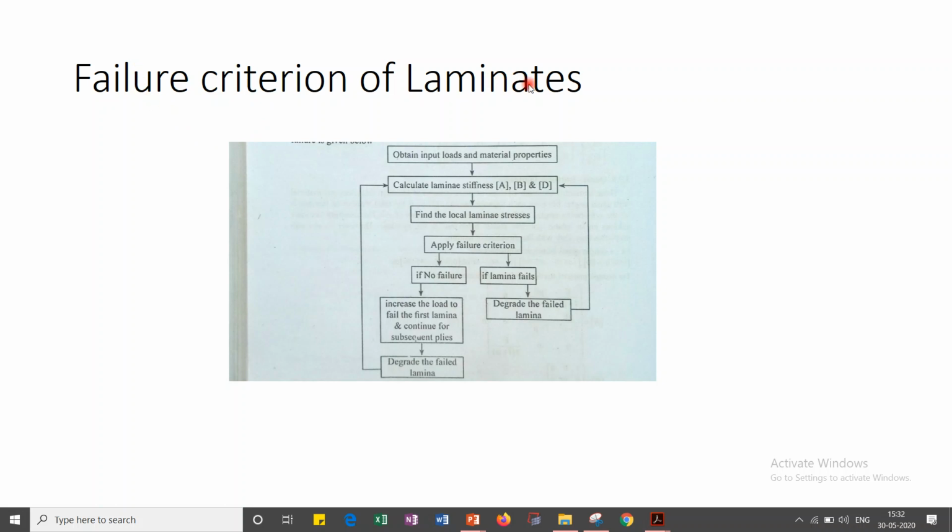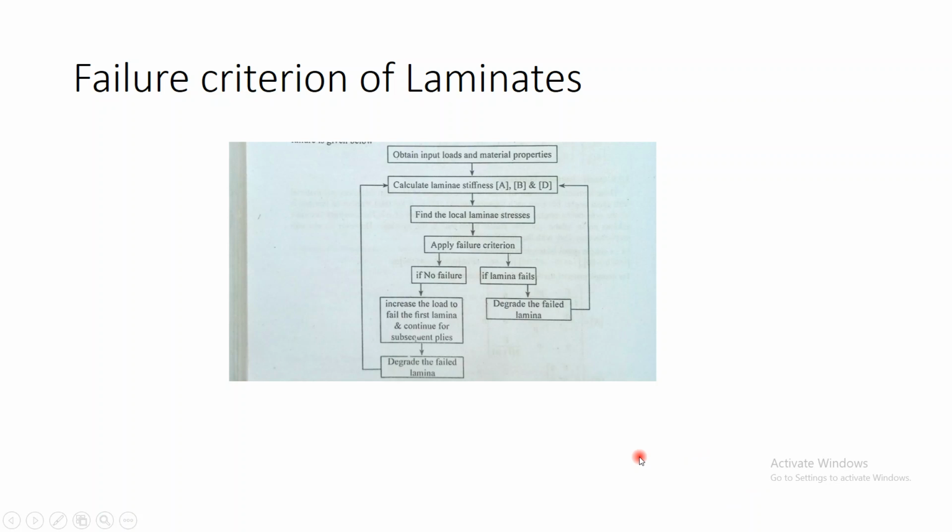Usually, as you have seen from the previous chapter, the lamina will fail because of the matrix failure, and later on it connects to the fiber failure. The failure criteria can be understood in this way.